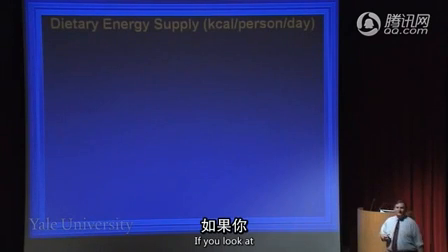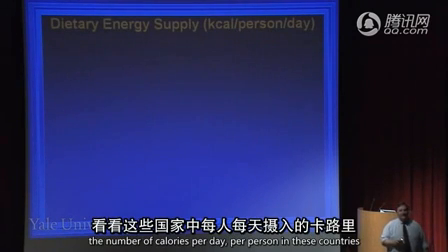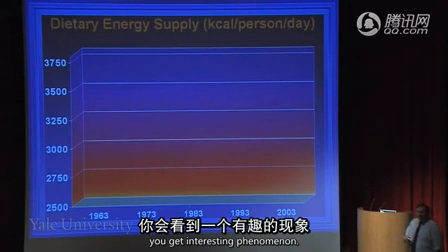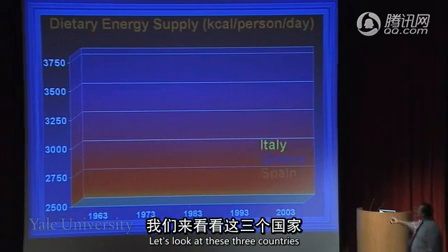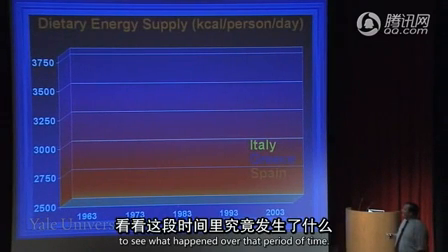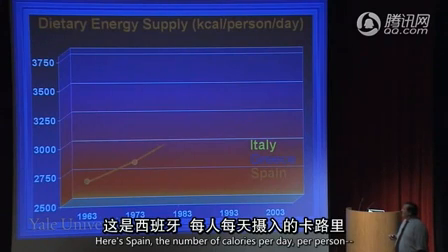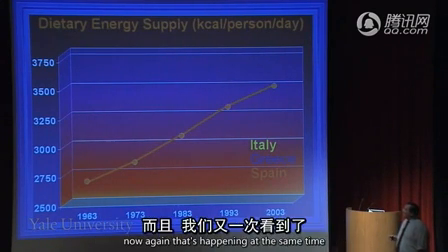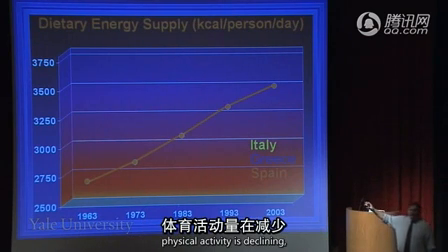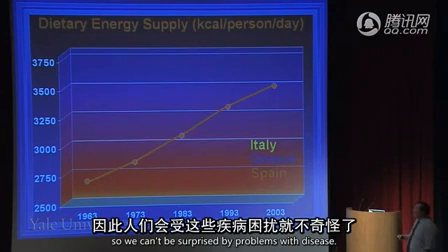And if you look at the number of calories per day per person in these countries, you get an interesting phenomenon. Let's look at these three countries, Italy, Greece, and Spain, to see what happened over that period of time. So here's Spain, the number of calories per day per person. Now again, that's happening at the same time physical activity is declining, so we can't be surprised by problems with disease.